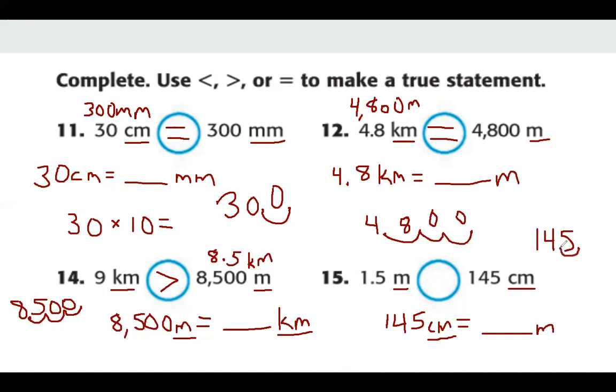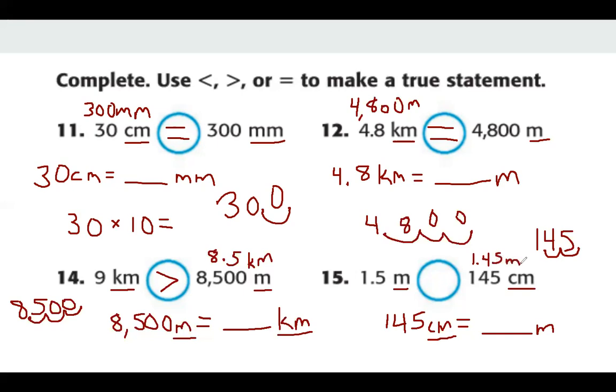So I'm going to move 1 spot around the 5 and then 1 more spot around the 4. Okay, so that means now that I have my decimal there, I changed 145 centimeters to 1 45/100 meter.